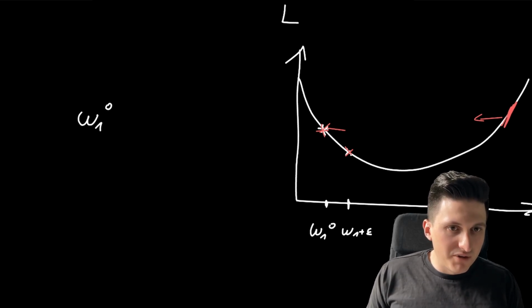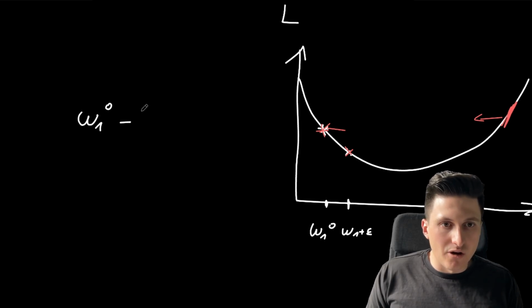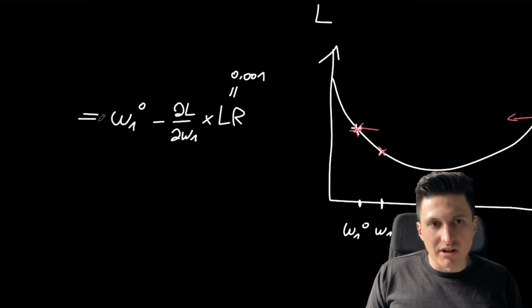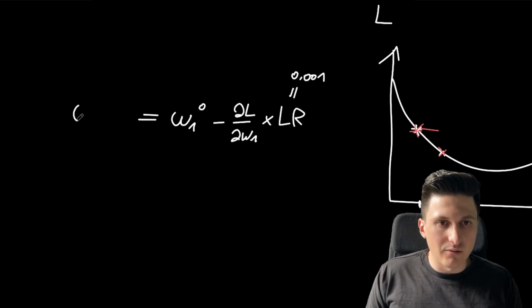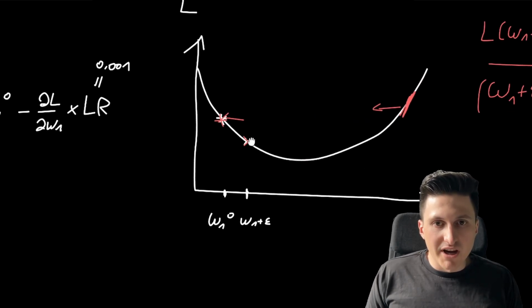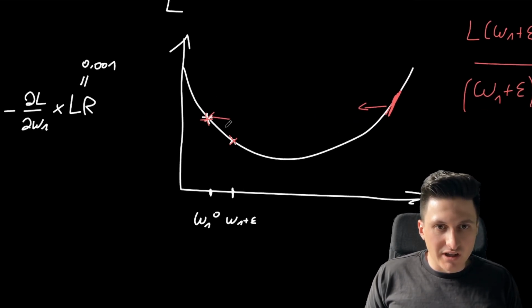So we are going to update the w1 with minus the derivative of L according to w1, and then we also multiply it with something called a learning rate, and this is a very small number such that we are not moving too fast, and this then will be our new w1, and you basically repeat this process continually, updating w1 such that we eventually hopefully end up right here at the minimum of the loss.